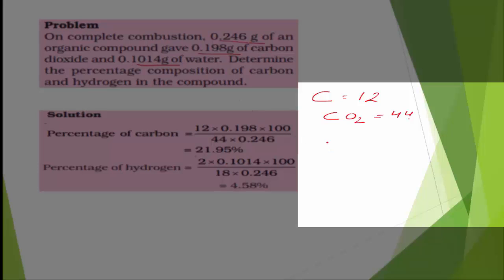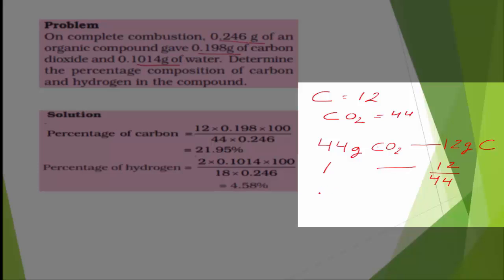So you can simply do, in 44 grams of CO2 we had 12 gram of carbon. So in 1 gram there will be 12 by 44.